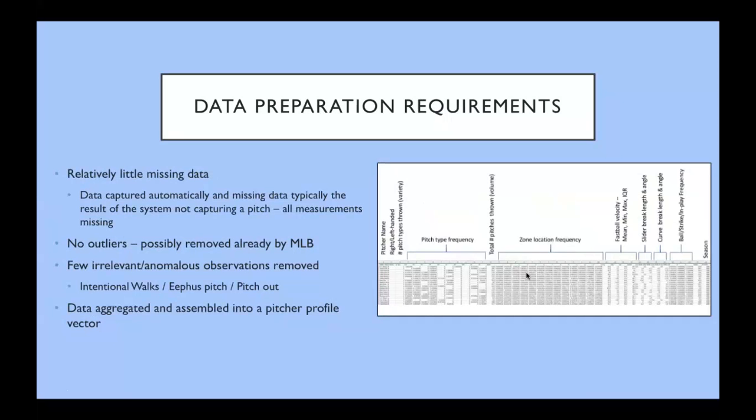There were a few cases of missing data, but where it did occur, it appeared that the system just failed to capture a pitch entirely because there was no data at all for those observations, and so they were simply omitted.